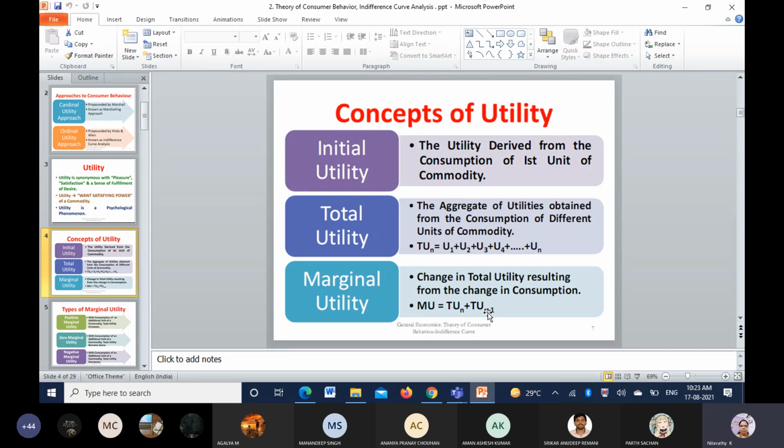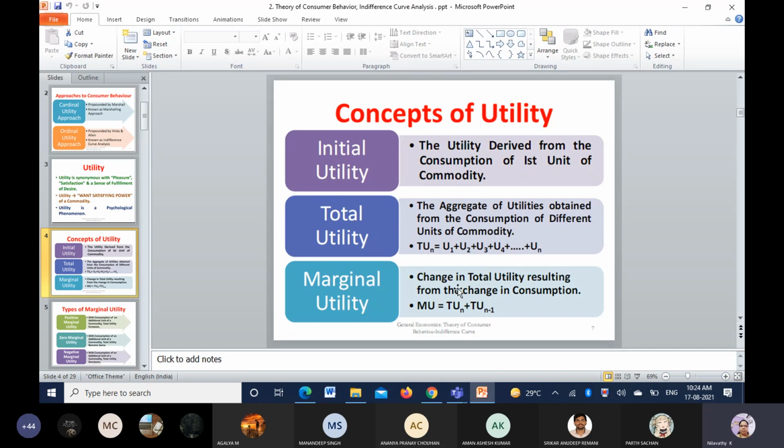Here n is the present unit, so n minus 1 will be the previous unit. So what is the total utility that you are getting in the previous unit? That is the concept. So marginal utility is the total utility of this unit minus the total utility of the previous unit. Here it is written as plus, but actually it should be minus.